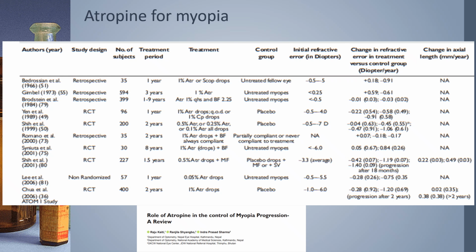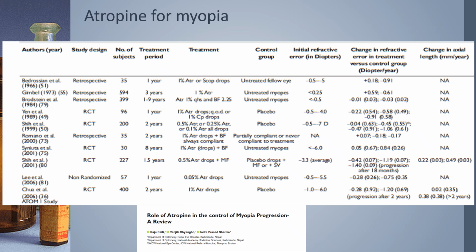Before the ATOM studies, there were RCTs of almost 1.5 years. You can see an RCT of almost 8 years, but sorry, this was not in untreated myopes. The control group was untreated myopes.